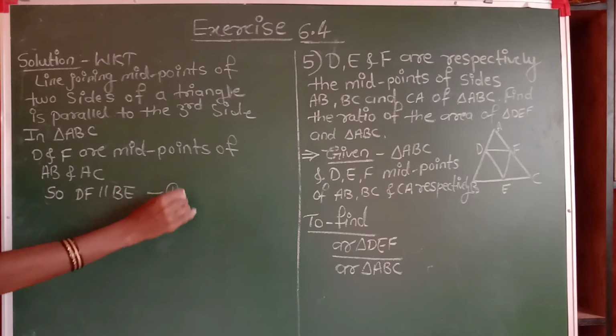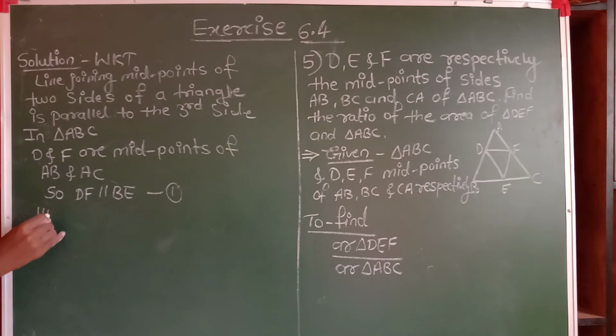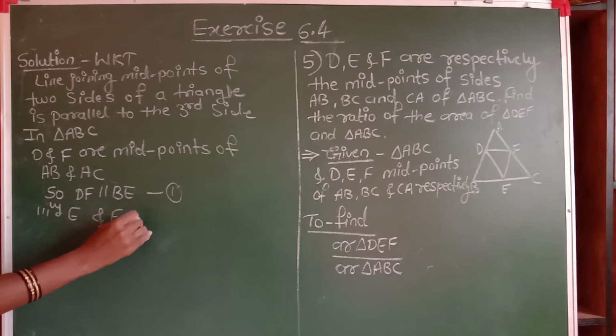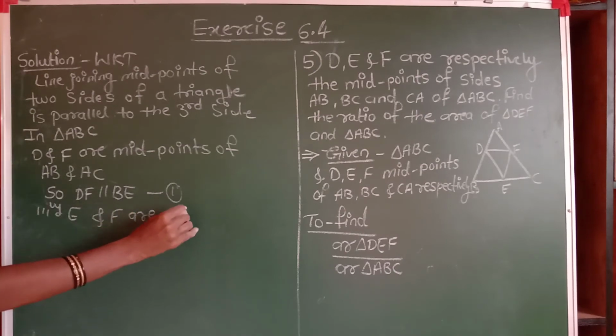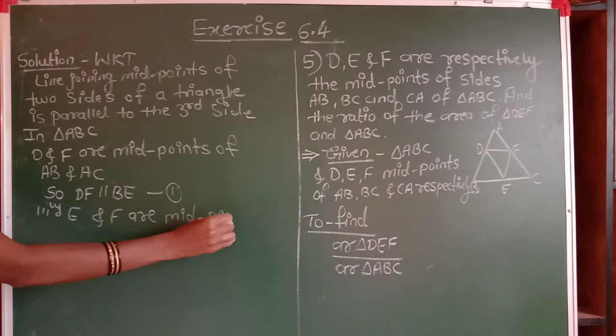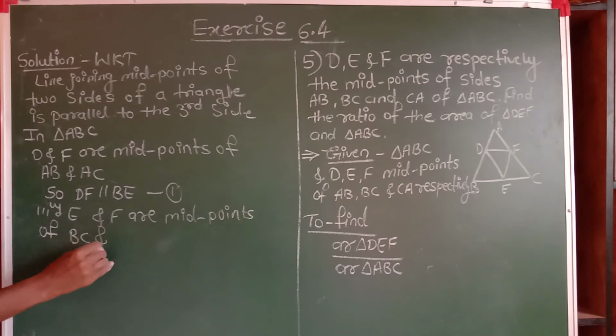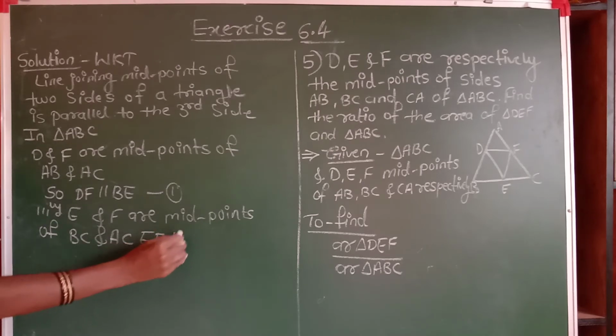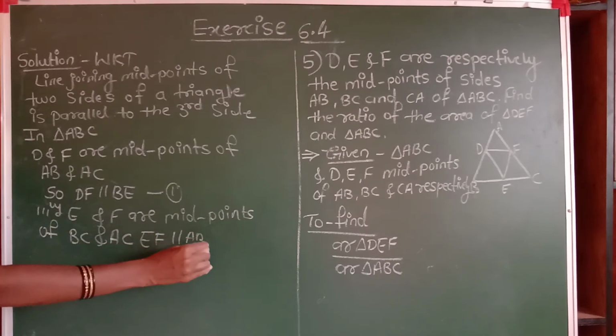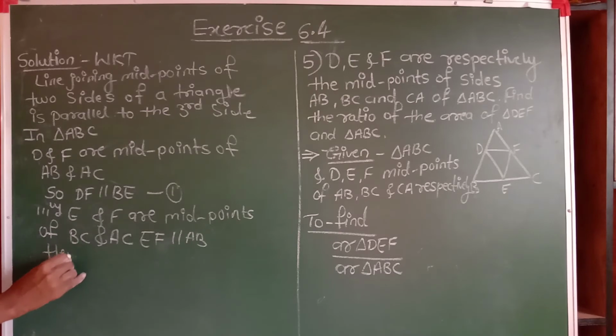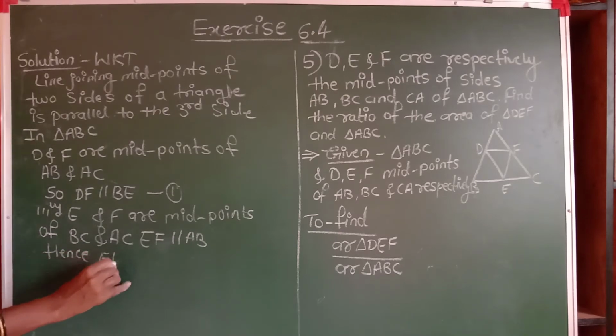Similarly, E and F are midpoints of BC and AC. So here EF is parallel to AB, so hence EF is parallel to DB.